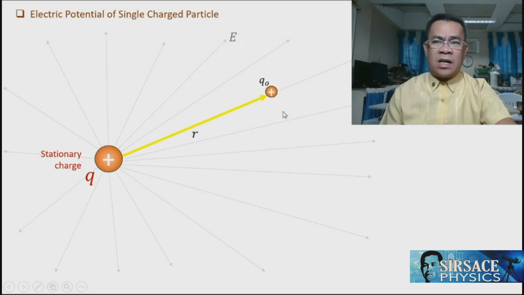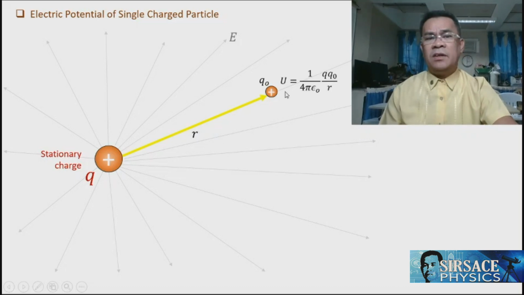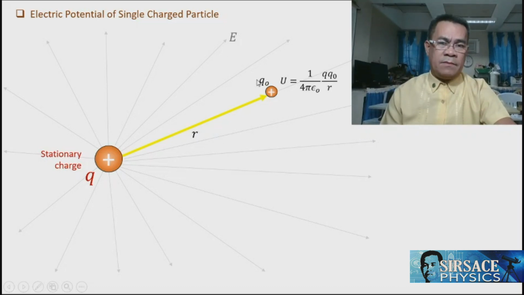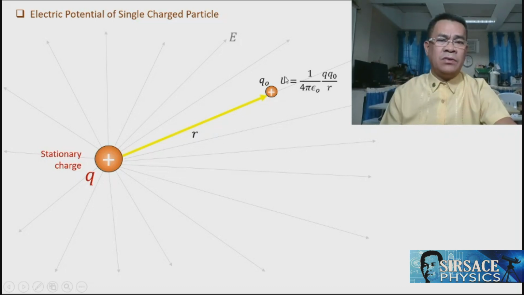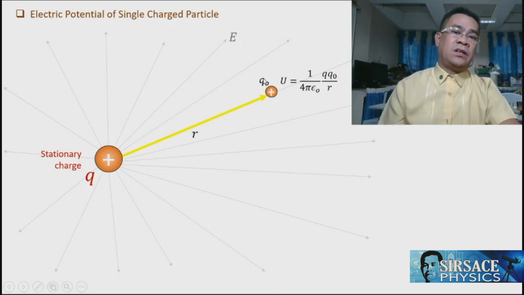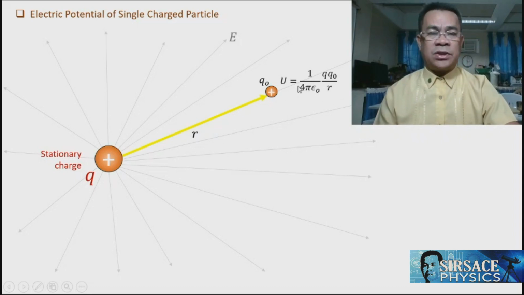Suppose you are asked how much energy is produced because of this charge. In our previous topic, we understood that calculating the amount of energy means multiplying the electric constant, 1 over 4 pi permittivity, by the product of the interacting charges, the stationary charge and the moving charge, divided by the radius.